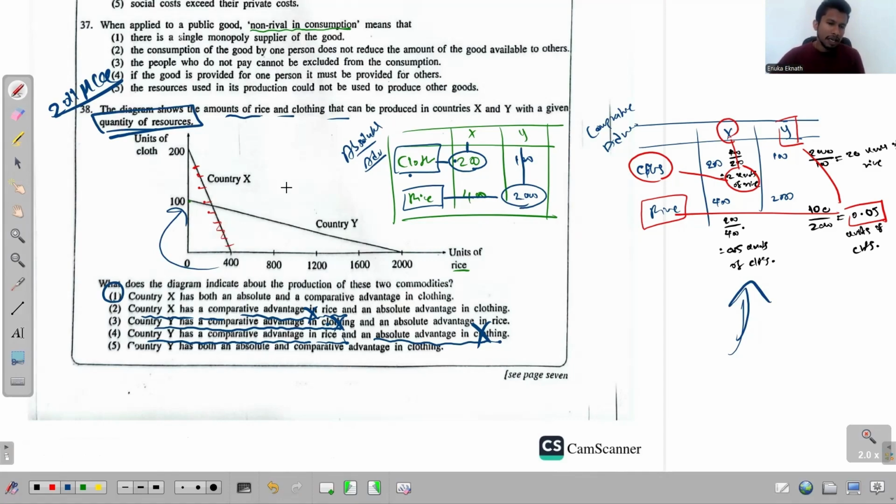Which means simply, what do you see here in this diagram, or what do you see here in this table? You see the possible production of clothing and rice from 1 unit of resource. The production values, the values related to the output, are given in this table.